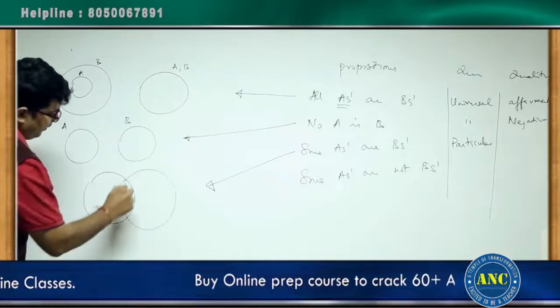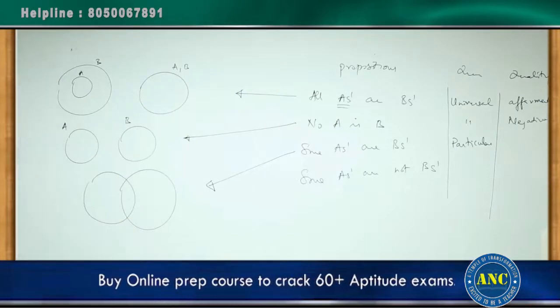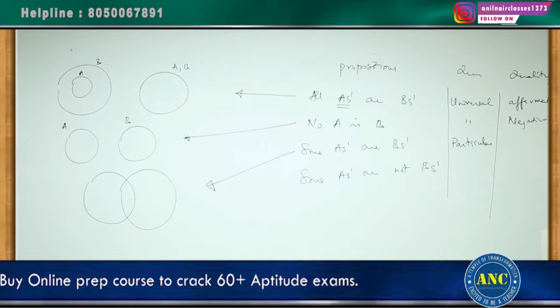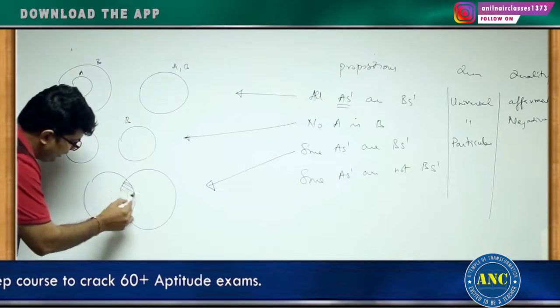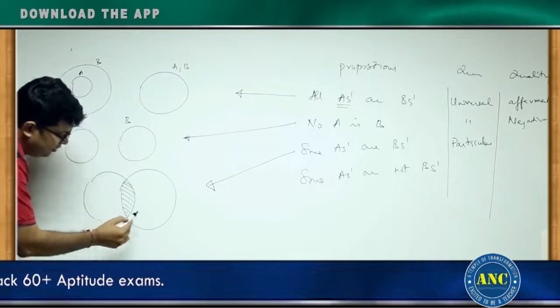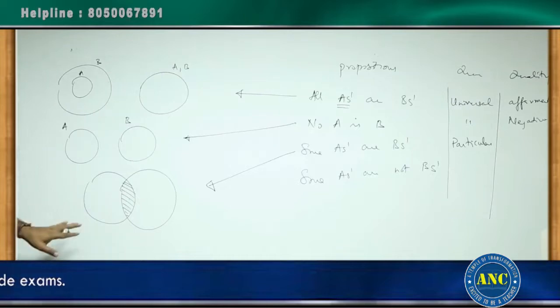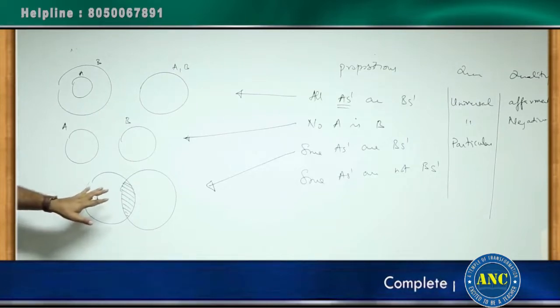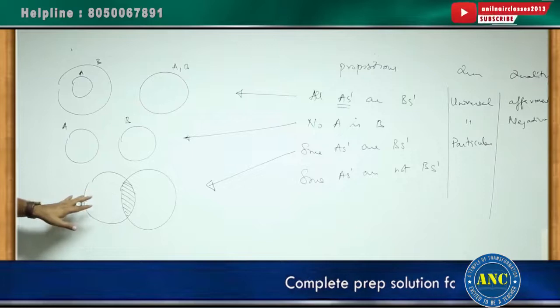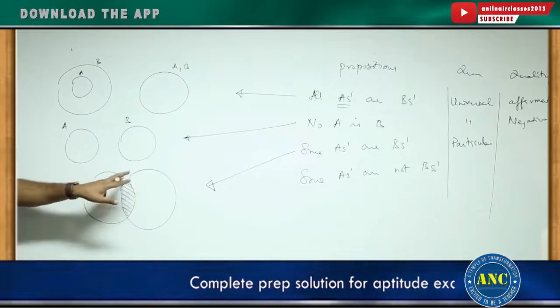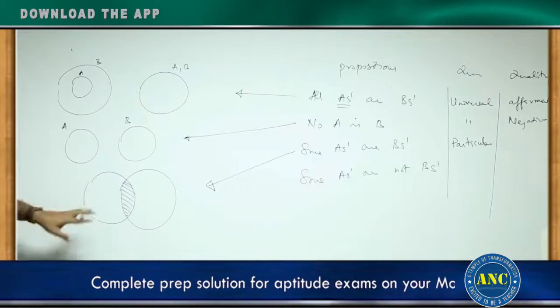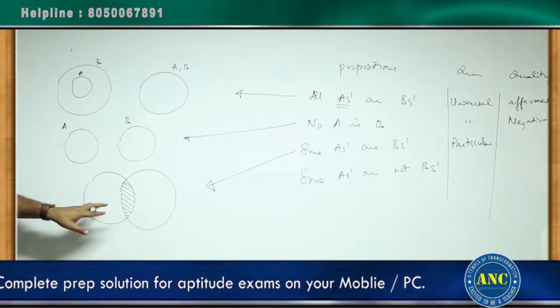These are A's, these are B's. Now, for some A's are B's, we have to show something common there. Is that okay? Can I say this is the best representation of some A's are B's? There are some A's that are B's, that is something we are very sure of, and we are representing it. Is that okay? The last one.